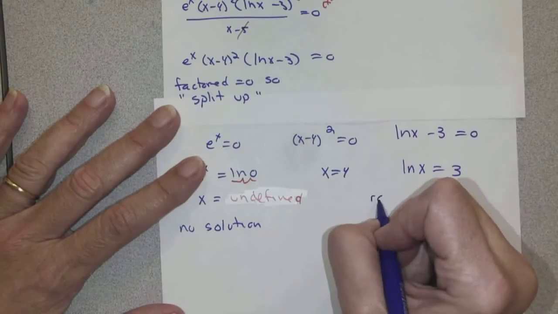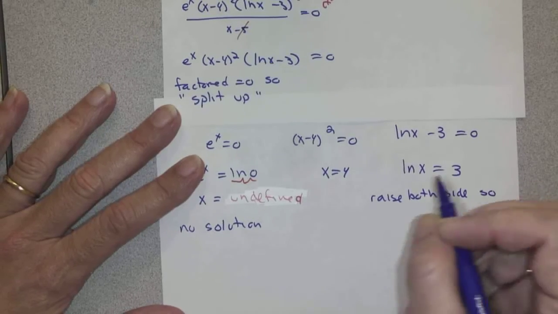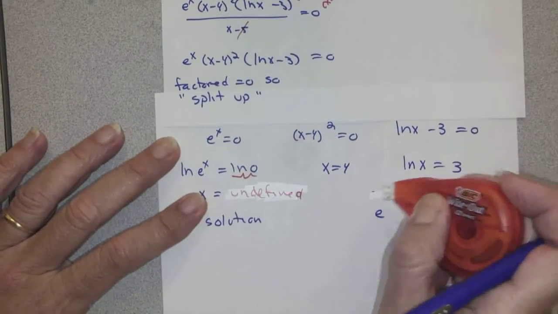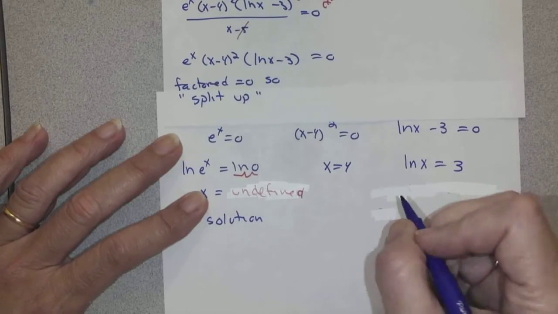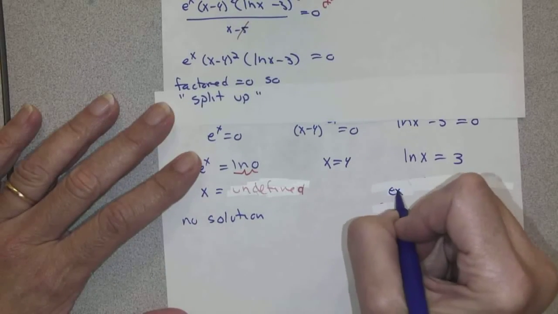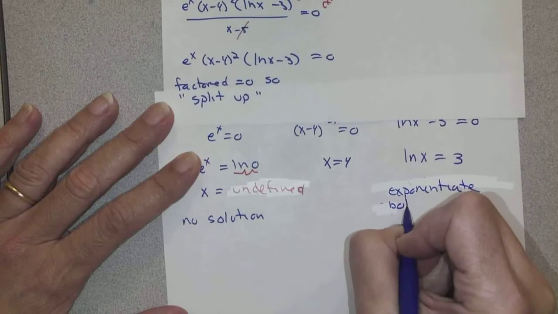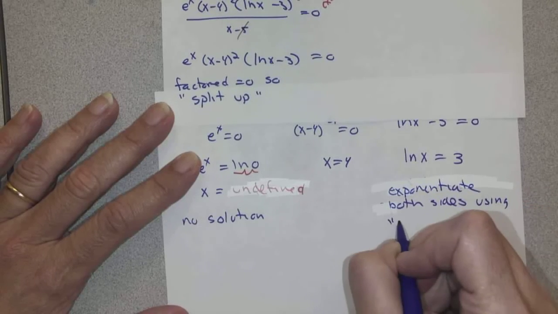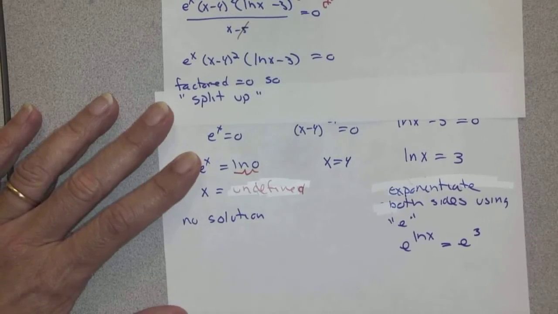Exponentiate both sides using e. So this becomes e to the natural log of x equals e cubed.